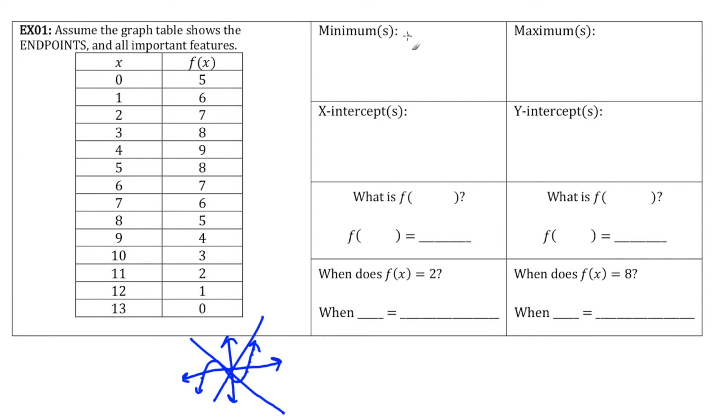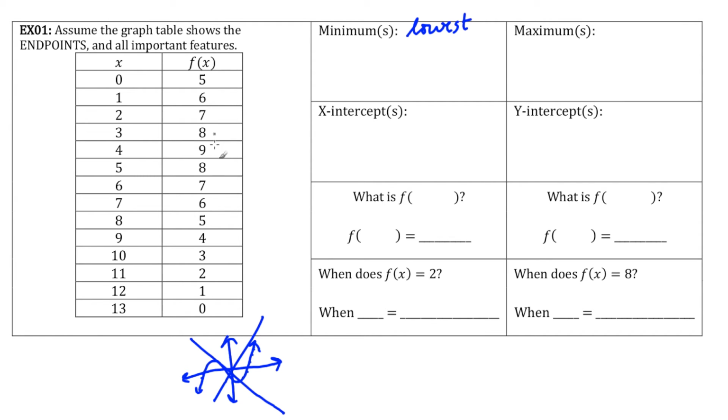So let's look for the lowest point, so that's going to be furthest down. That's the lowest y. It starts at 0, 5, then it goes up, starts going down, all the way to 0.